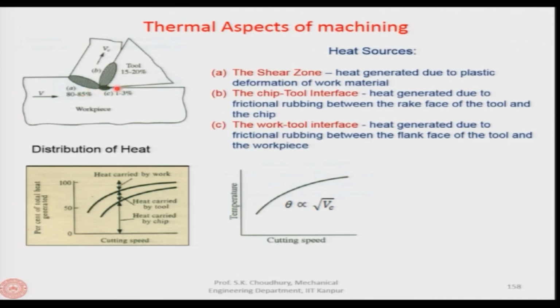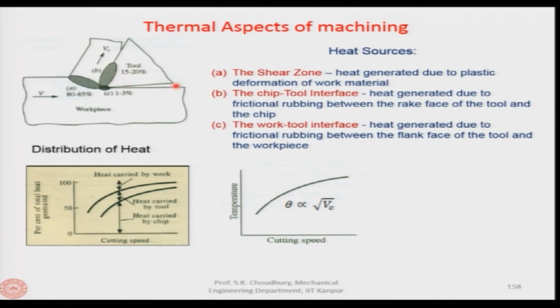So, once again the major contribution is by the plastic deformation which occurs in the shear zone. Next is the chip tool contact area. Here about 15 to 20% heat is generated and 1 to 3% heat is generated due to the rubbing of the flank face with the machined surface.